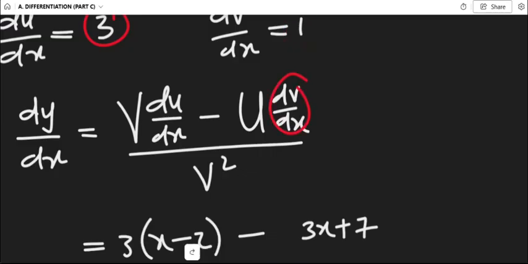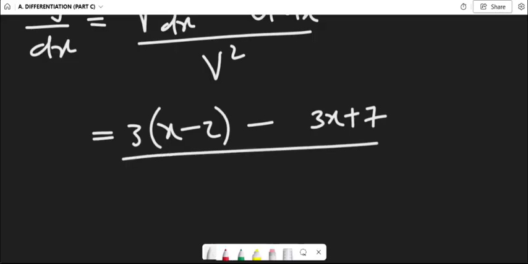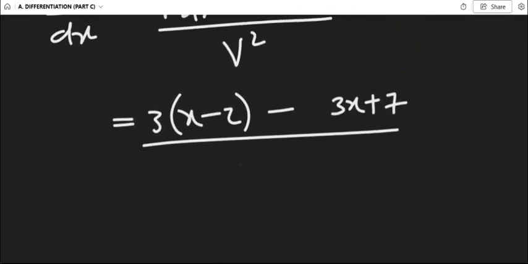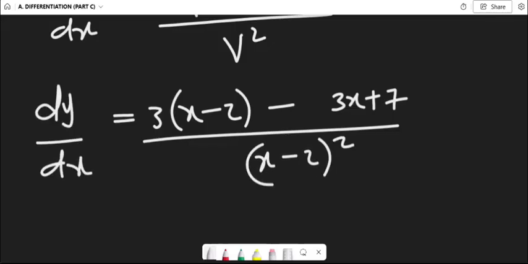So you know that when you multiply anything by 1, it's still going to remain the same. So all over the value of v squared, which is the value of v, x minus 2. That means we are going to have it as x minus 2 all squared. So this is how we find the quotient rule of dy dx.